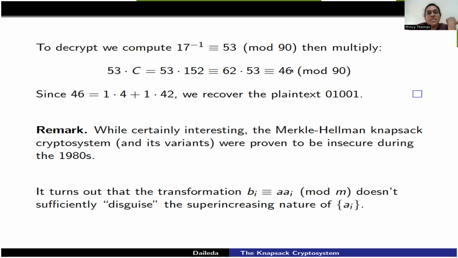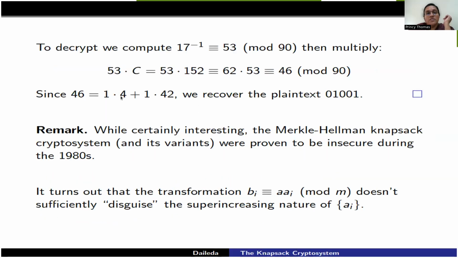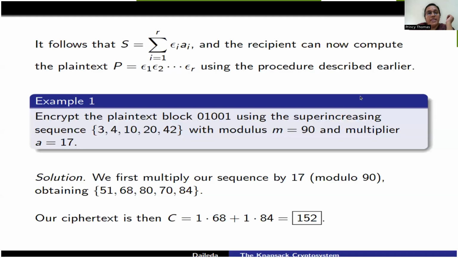In terms of the original sequence, 46 is 4 plus 42, so the epsilon values are 01001. 42 plus 4 is what is required to get 46, so we have 01001 based on the original a_i sequence.